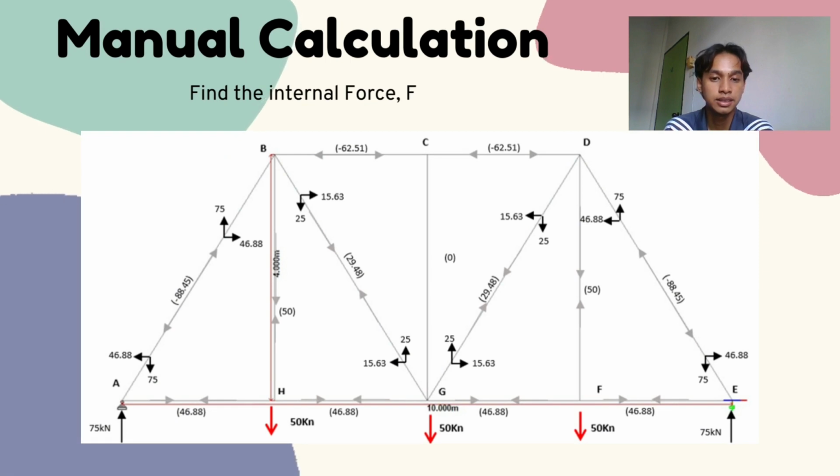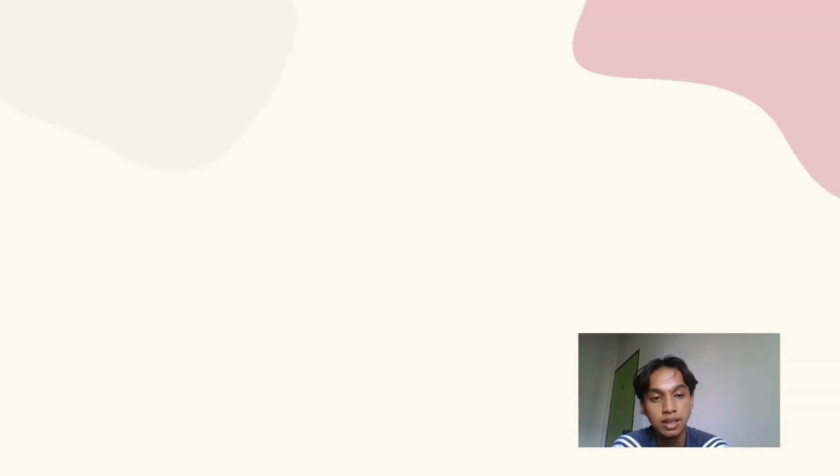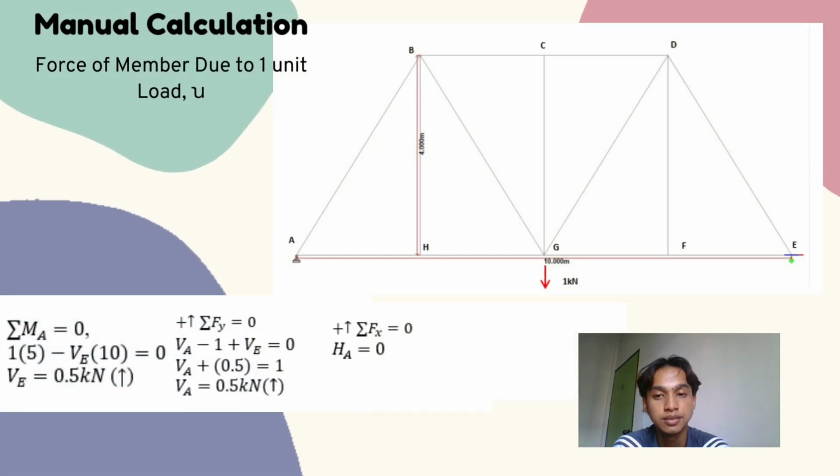Next, after finding the support reactions, we continue by finding the internal force for each member. The internal forces that we gained are shown on the slide. Then we continue by finding the force of each member due to 1 unit load. As we can see, we choose point G to put the load vertically downward at 1 kN.